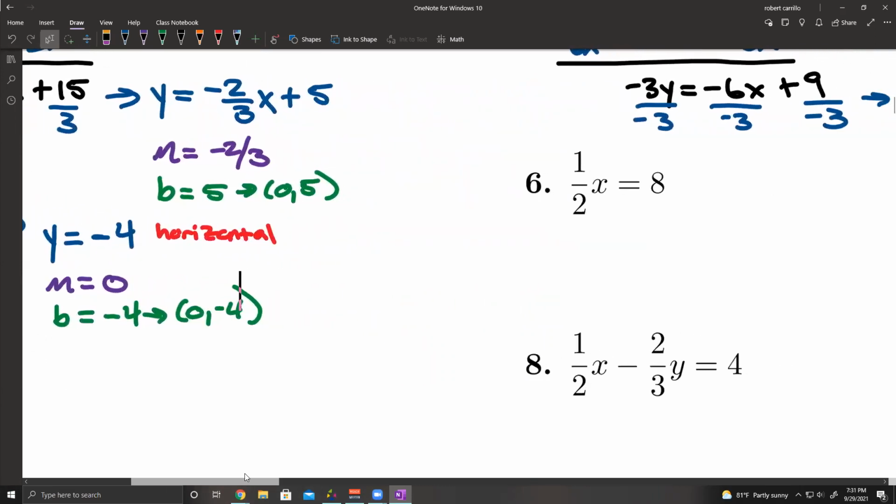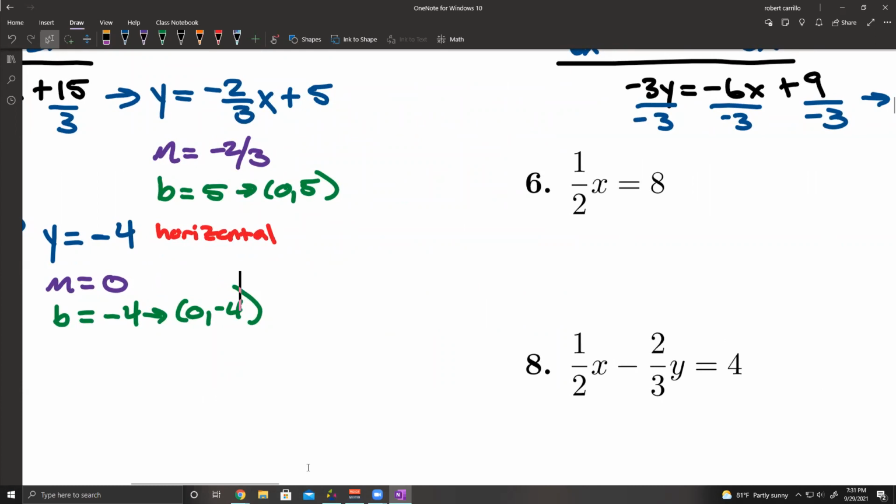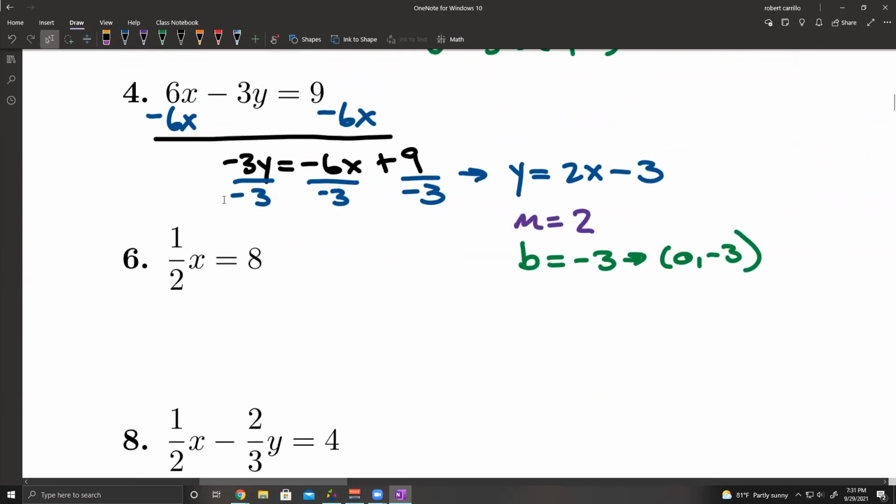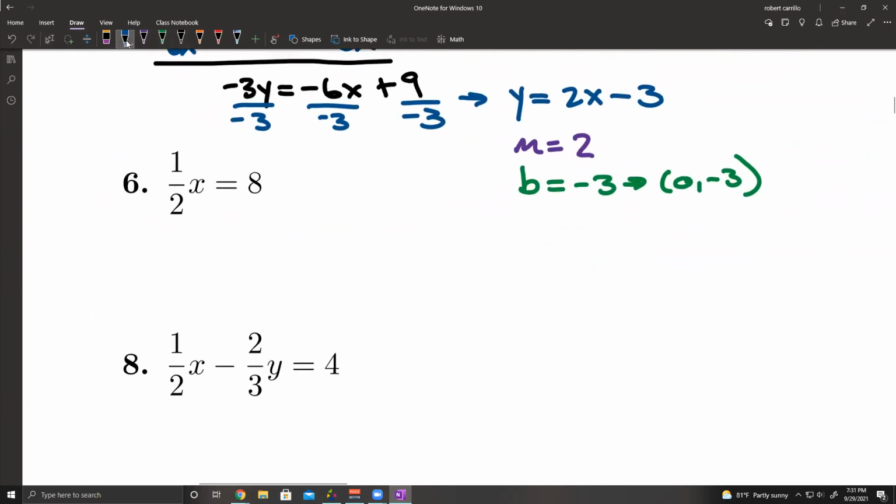All right. Now, number 6, you have 1/2 x equal to 8. You don't see any y's, so we're just going to solve this for x. If you have 1/2 x equal to 8, how do I get rid of that 1/2? Multiply by the reciprocal, which is 2/1.